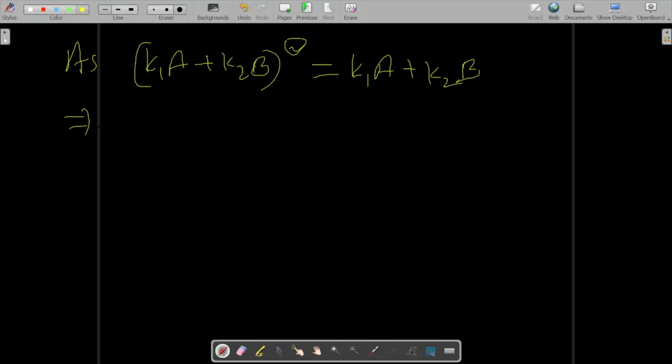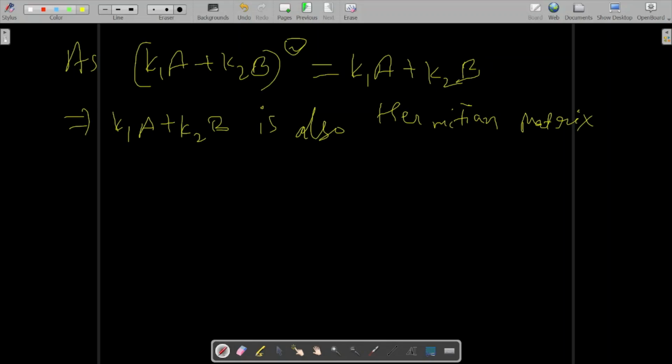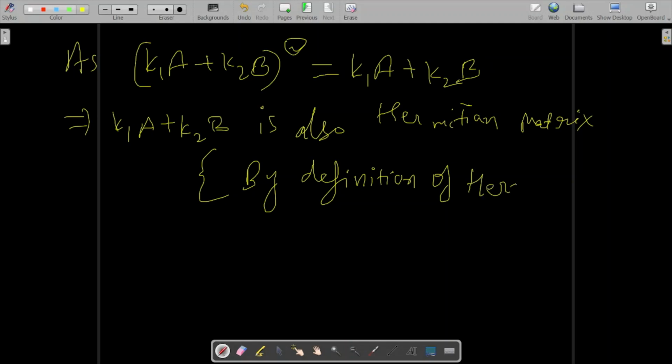This clearly implies that K1A plus K2B is also a Hermitian matrix. This is by definition of Hermitian matrix.